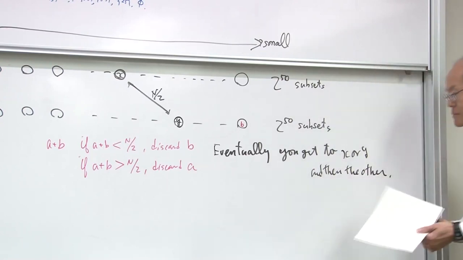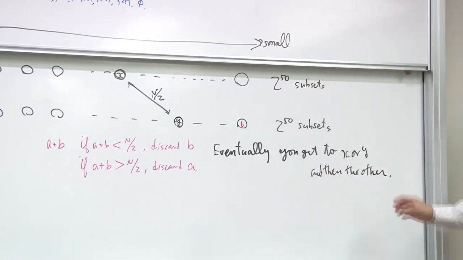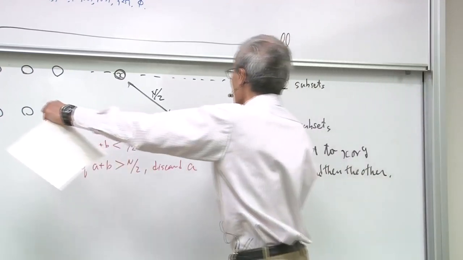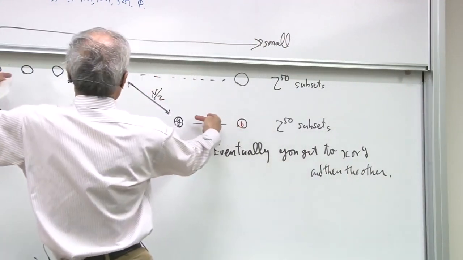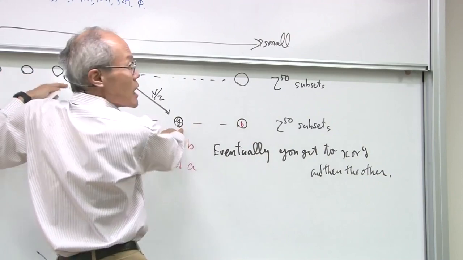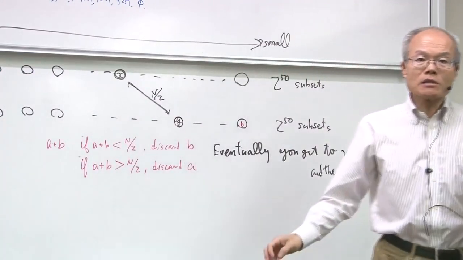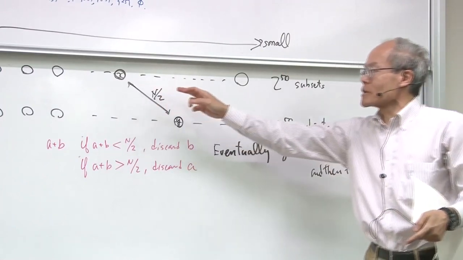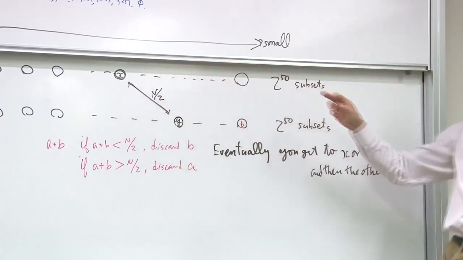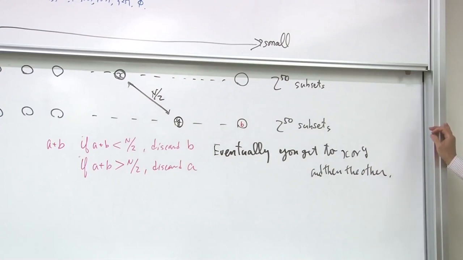Of course, the list is getting smaller and smaller like this. Then you eventually get this guy y or x. After that, you can automatically get to the other one.